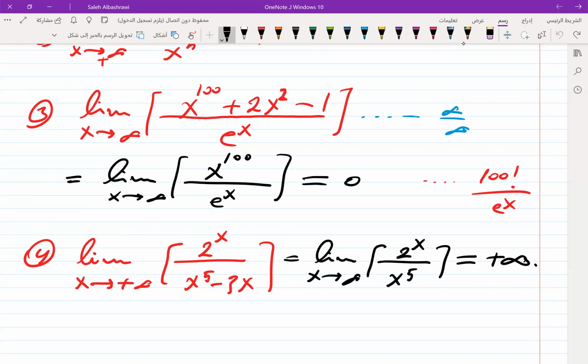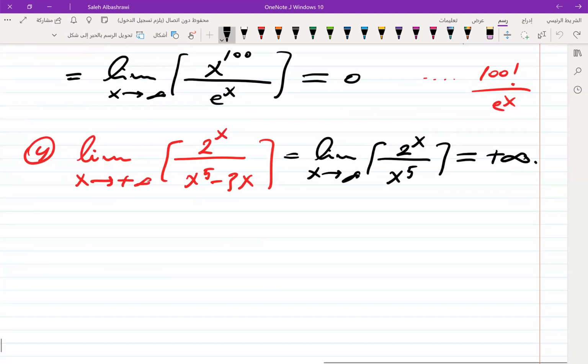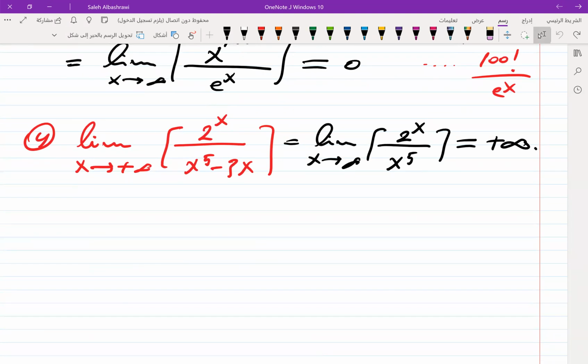What is infinity over infinity? So this will be equal to infinity. One more, number 5. Find the limit.